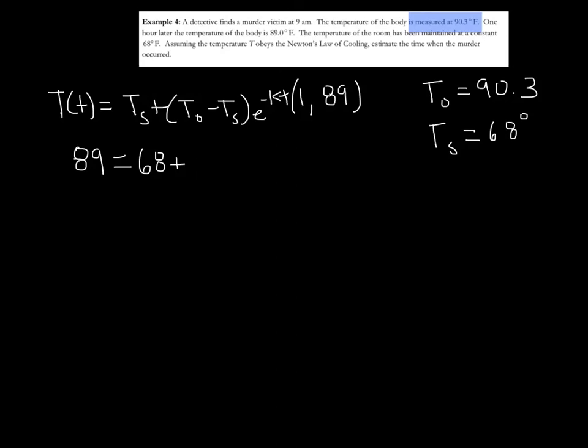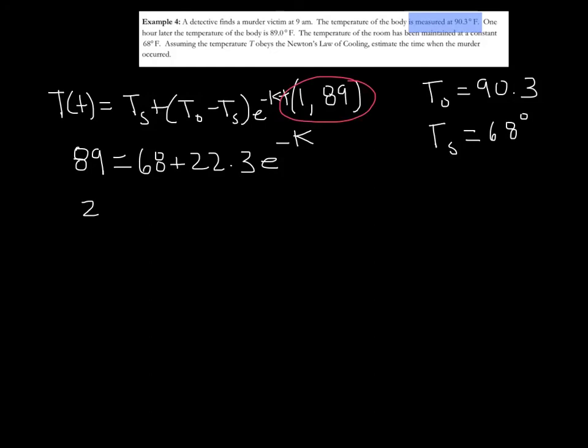So I don't need that right there. So 22.3 e to the negative kt. But t is 1 hour because of that condition there. So we're going to solve this out.